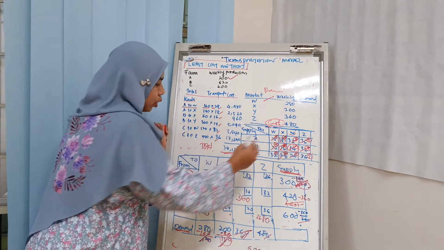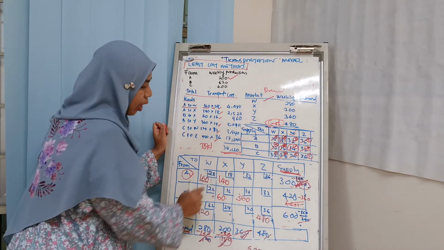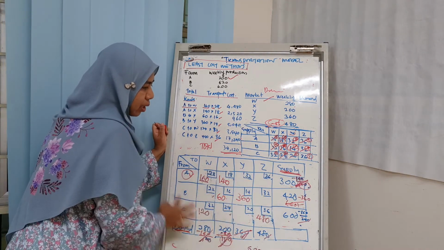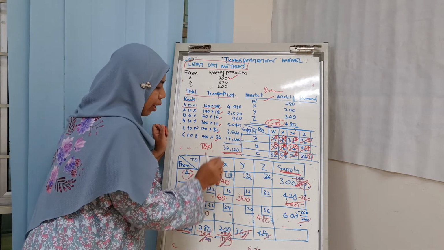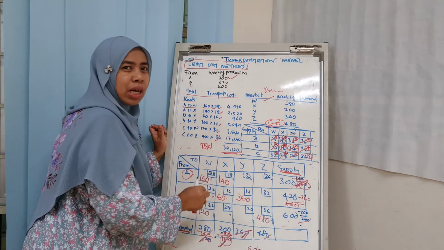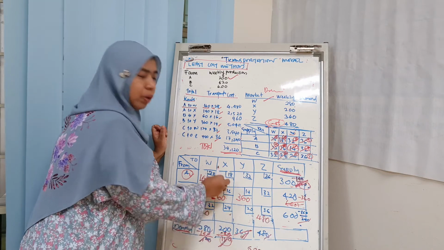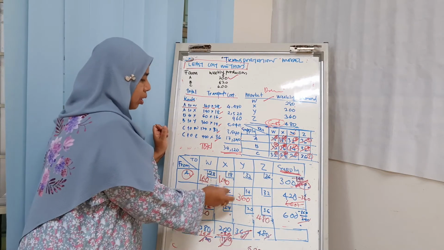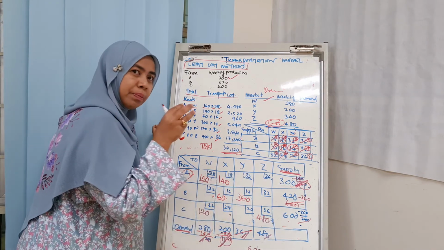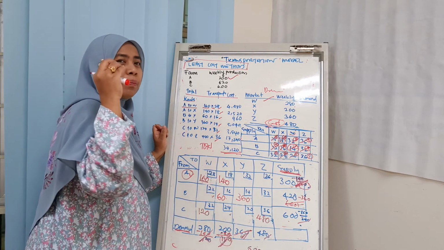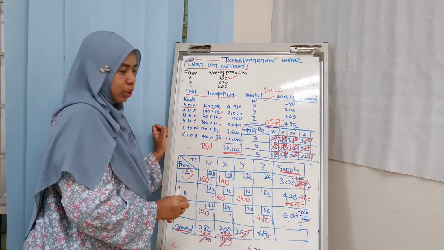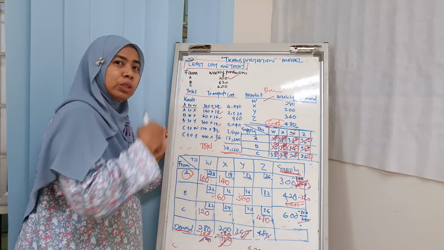And then the second step, after you develop this table, you have to put the lowest cost in the high amount. Okay, maksudnya di mana kos yang paling sikit, you kena letak paling banyak barang hantar kat situ. Okay, because kita nak reducekan cost.